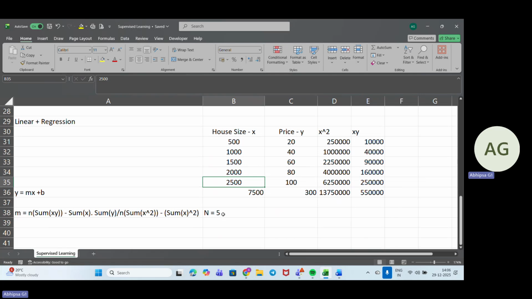Okay. Now in the numerator, what we need to do? We need to do n into summation of xy minus sum of x and sum of y.